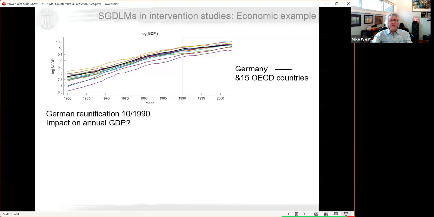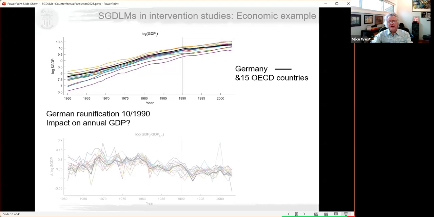So let's go there with the German GDP series. There's the GDP on a log scale of 16 countries, including Germany. It has the thick black line. How do we think about what happened after 1990? Well, most of the publications, there's a handful really only in the economic causal literature, analyze log GDP or GDP itself, which is kind of crazy because it's all in the common trend.